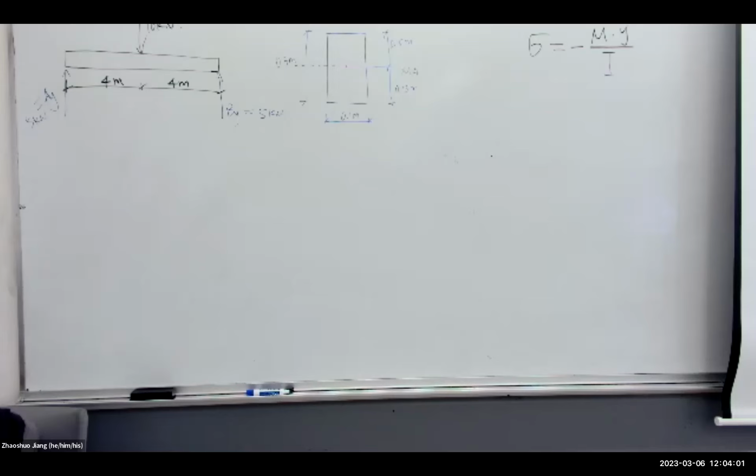So let's say the neutral axis is your baseline. You told me that the maximum y is 0.15, so it's the corner, right? You can find any point along this line, and for any point along this line, the y is the distance between this point and the baseline. It's a straight distance.